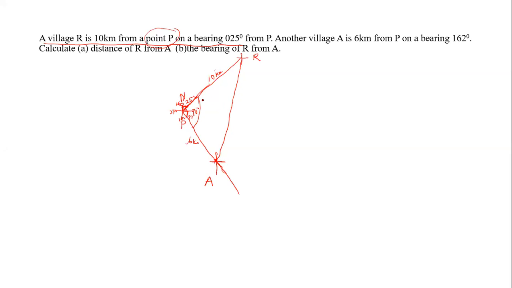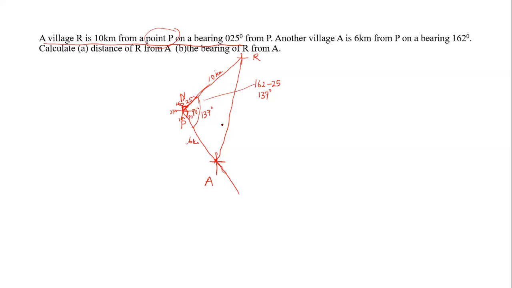So this place will be 162 minus 25 degrees, and that should give us 137 degrees. So the angle here is 137 degrees.